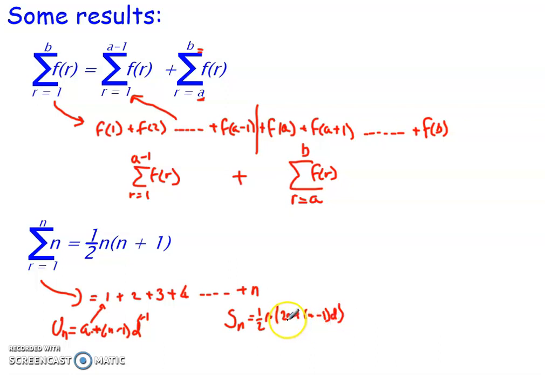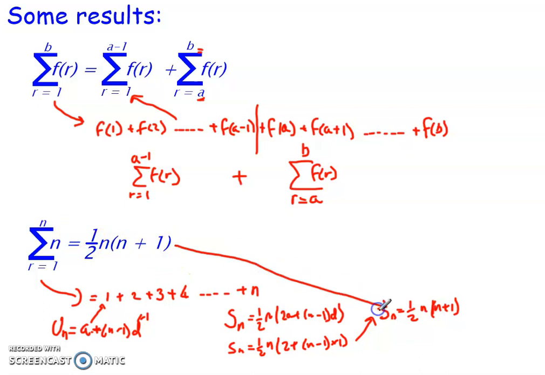Now I know that a is 1, I know that d is 1, so if I substitute all of that in, I get that Sn is equal to a half n brackets 2 plus n minus 1 times 1. And if I simplify the bracket, what I get is that the sum to n terms for this one is a half n bracket n plus 1. So there you go, I've proven this because I've got to that term there.